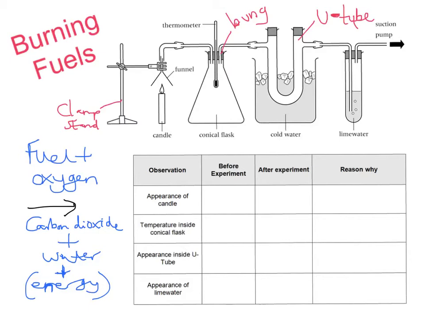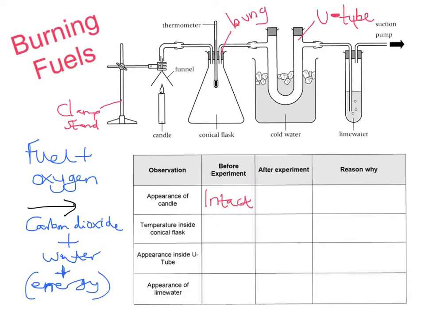So let's think about how things are going to appear before this experiment. We're going to fill in this table along the way. Before the experiment, the appearance of the candle is going to be intact, as in it's not going to appear that we've burnt any of that wax.